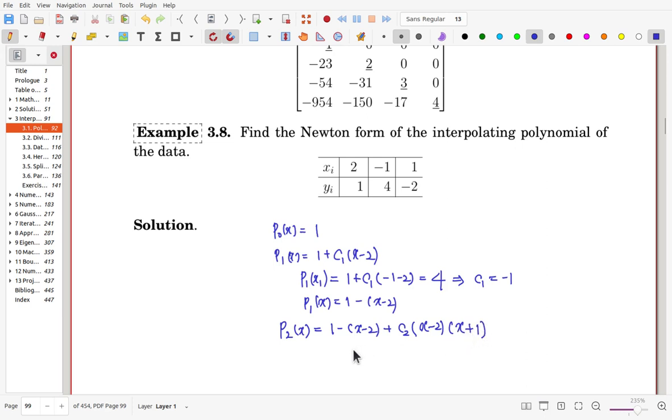Now we have to decide C2 such that P2 at x2 must be y2. So here for P2, x2 is 1. Okay, that one is 1 minus (1 minus 2) plus C2 times (1 minus 2) and (1 plus 1), which must be minus 2. Right?